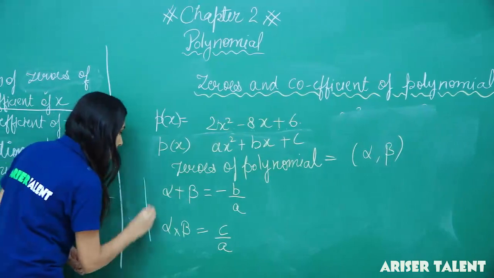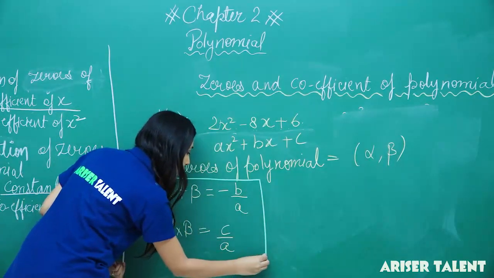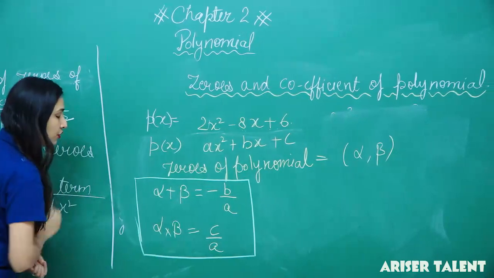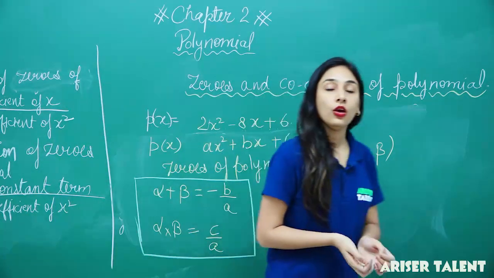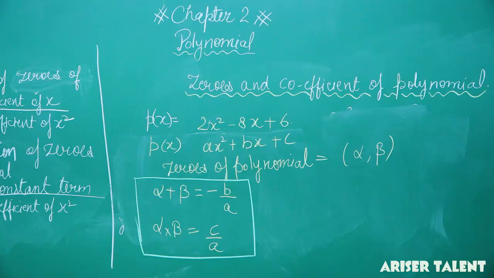So, this is the relationship between the zeros of a polynomial and the coefficients of a polynomial.